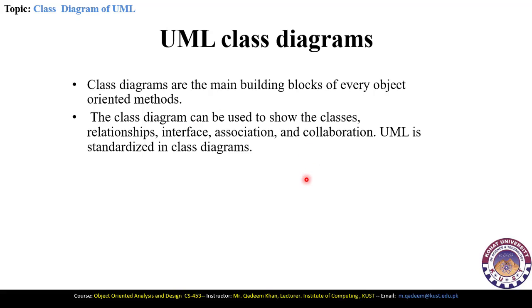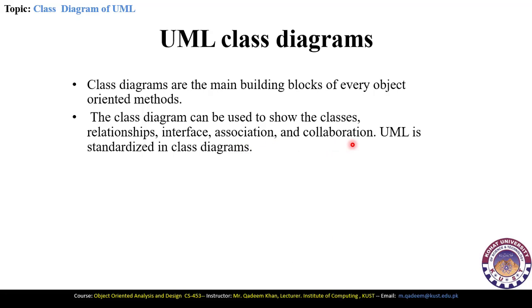So class diagrams show us different classes with their relationships. A relationship specifies how one class can be related to another class. Also, interface classes and association and collaboration relations, these are multiple relations used in the class diagram.